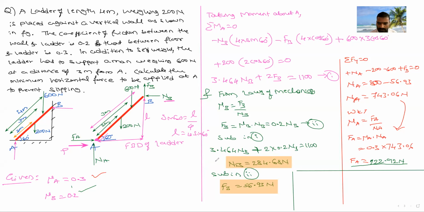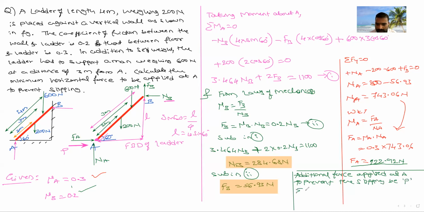You have to write one sentence there: that is the additional force applied at A to prevent the slipping. This P I have to find out.